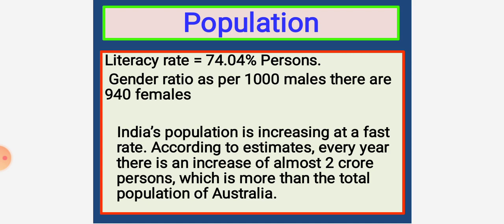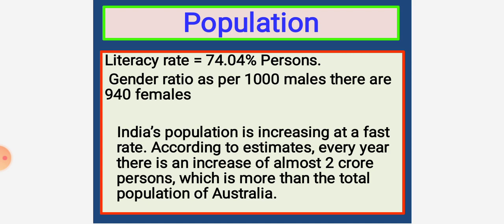India's population is increasing at a fast rate. According to estimates, every year there is an increase of almost 2 crore persons, which is more than the total population of Australia. It is really a big number.